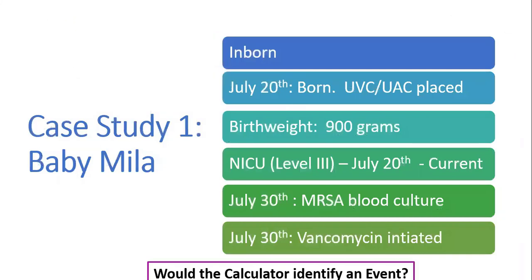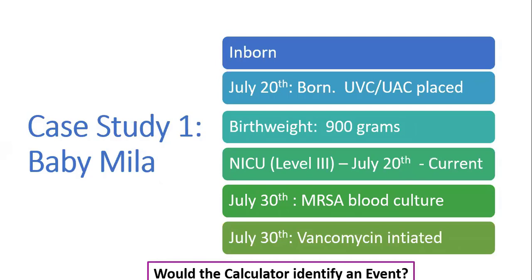And so we're going to look at our first case study, baby Mila. Baby Mila is an inpatient infant born July 20th at 900 grams. A UVC and UAC are placed. After birth, the patient was transferred to NICU or a level 3 nursery and remained there for the duration of the case study.